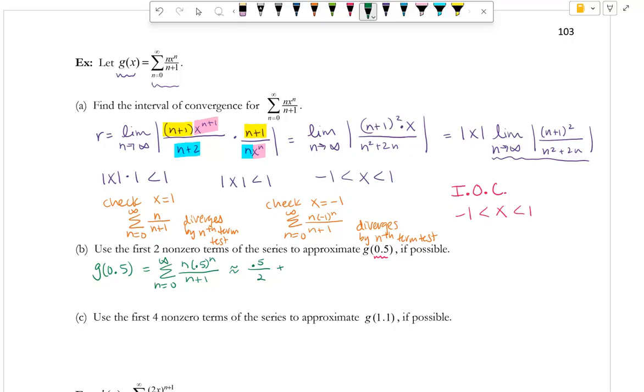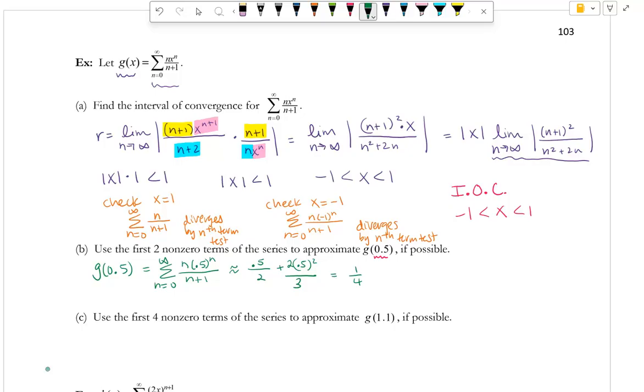I get 2 times 0.5 to the second power over 2 plus 1, so over 3. That's like saying 1/2, or 0.5, over 2, and 1/2 divided by 2 is 1/4.